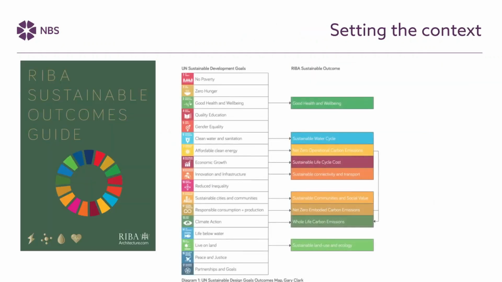And one of the things in the RIBA Sustainable Outcomes Guide is this diagram showing that mapping across to where buildings and infrastructure have an impact on the UN Sustainable Development Goals.